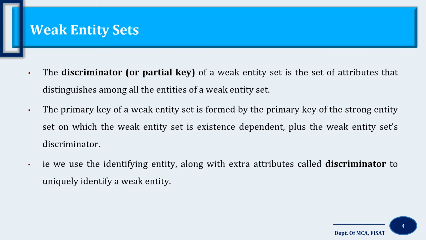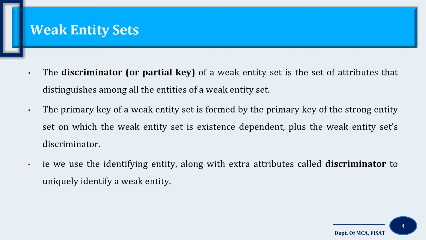The primary key of a weak entity set is found by taking the primary key of the strong entity set plus the weak entity set's partial key. As we said, this weak entity set is always existence dependent on the identifying entity set, always dependent upon the strong entity set.